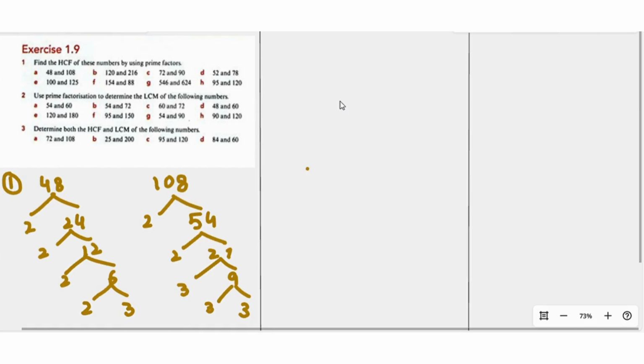So these are the prime factors of these two numbers, and now we'll check which numbers are common among the prime factors. First, we'll write 48 as a product of its prime factors, and then 108 as a product of its prime factors.